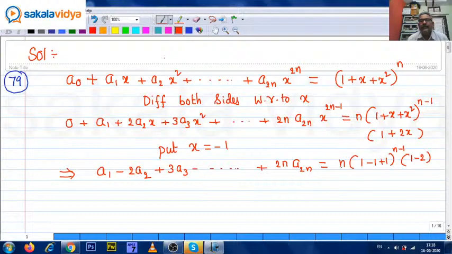Okay, this will be now n times, the 1 gets cancelled, 1 to the power of something is 1, n times minus 1 whose value is equal to minus n. Understood now? That means the fourth option is the right option.